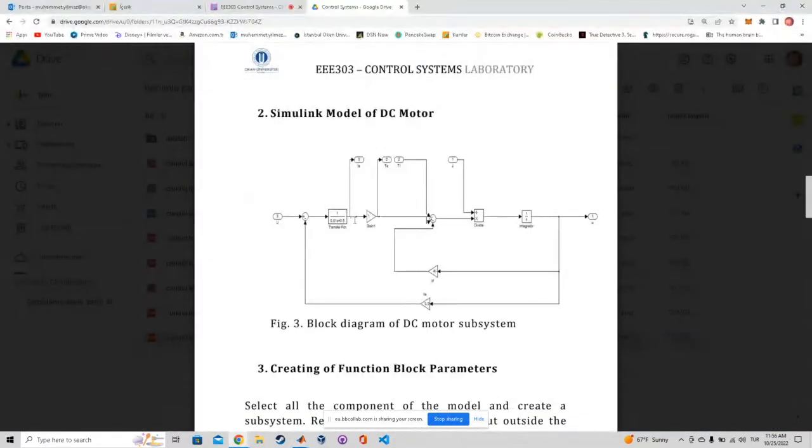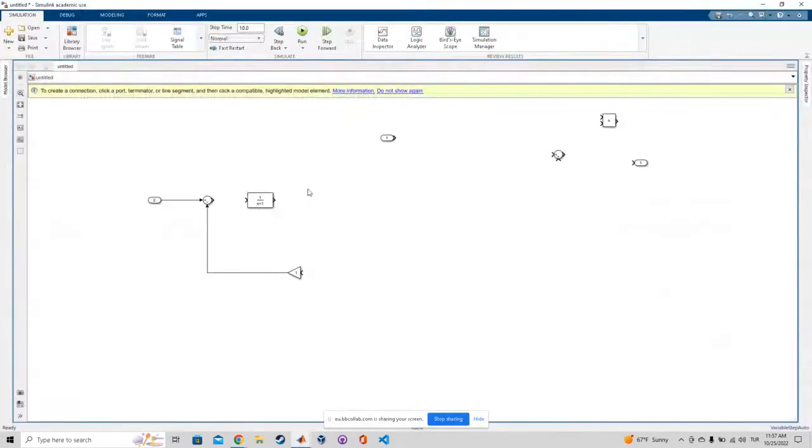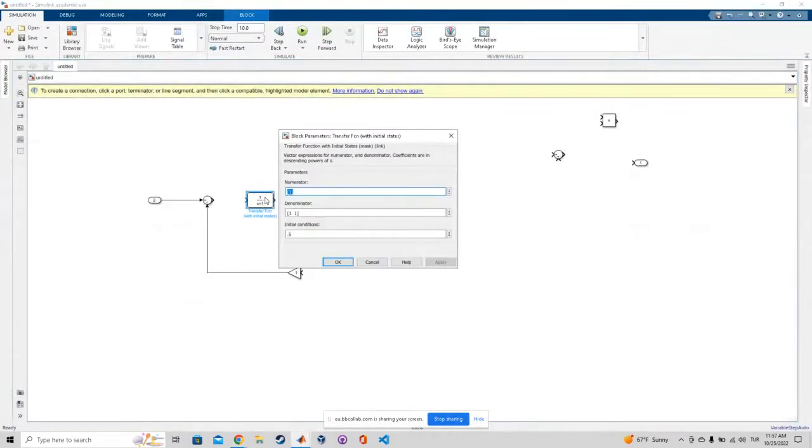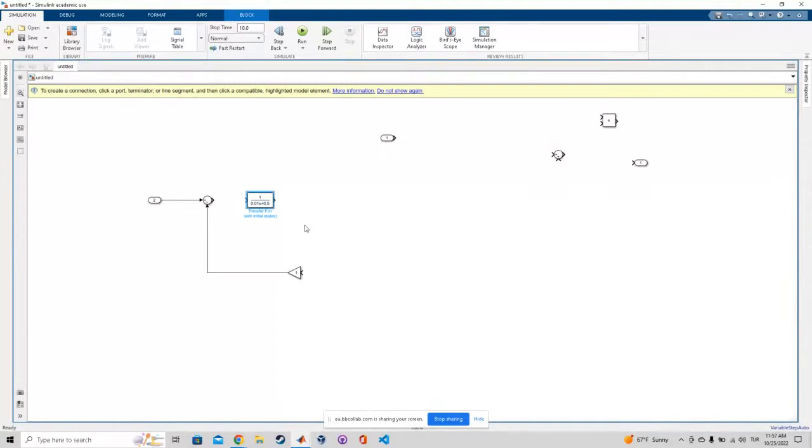All right, so our transfer function is 0.01 s plus 0.5. So you just double click on your transfer function. Here your numerator is same, but the denominator 0.01, it was 0.01, you change it, and the second one is 0.5. And you just hit enter, it will change your transfer function is 0.01 s plus 0.5.